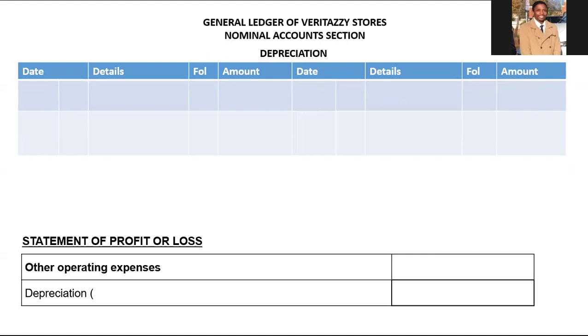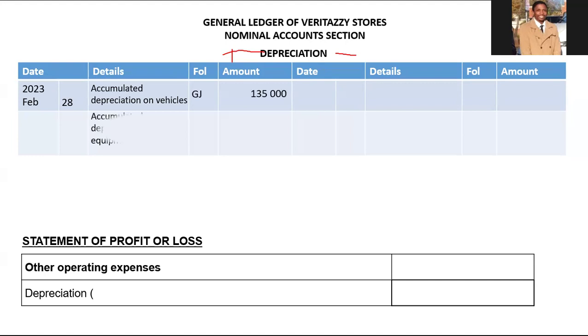Depreciation, as I've said, is an expense account. It's a plus minus. Made up of accumulated depreciation on equipment and vehicles. On vehicles, it was 235,000, and on equipment, it was 56,250.